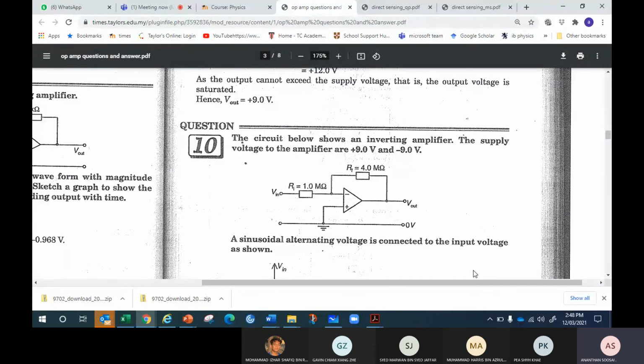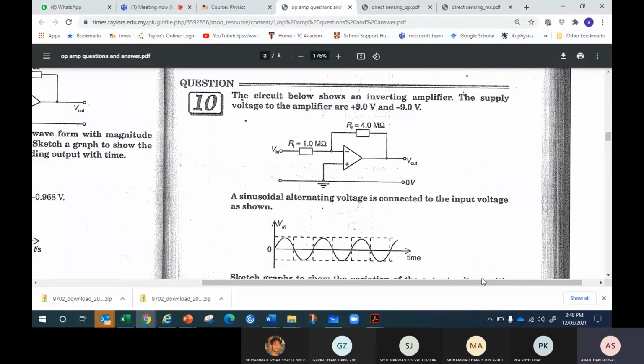Okay, look at number 10. The circuit below shows an inverting amplifier because there is feedback. The input is at the negative terminal. The supply is positive 9, negative 9.